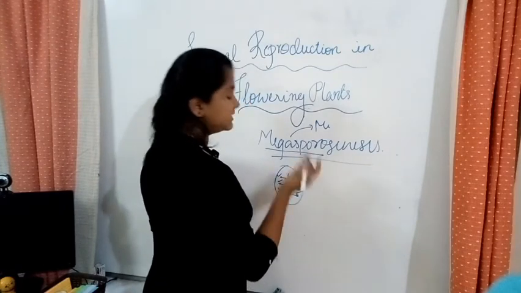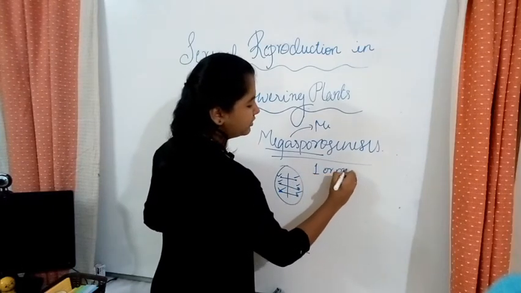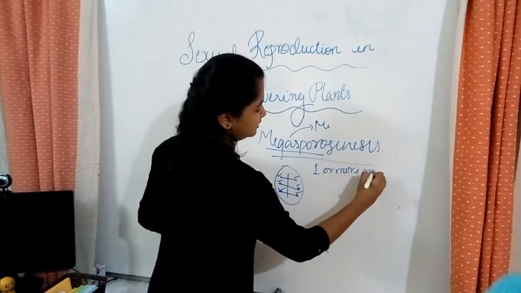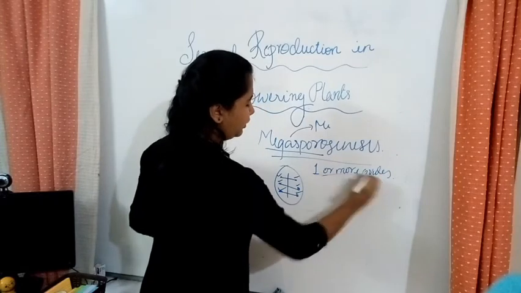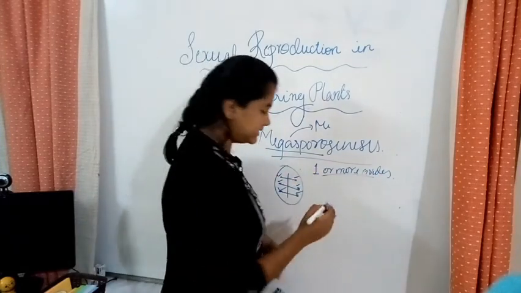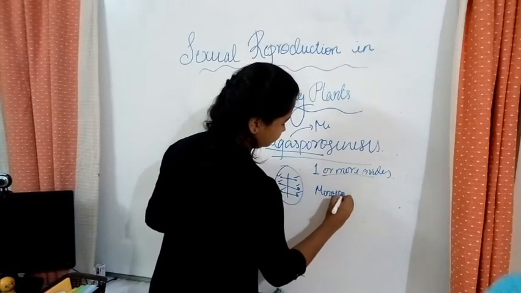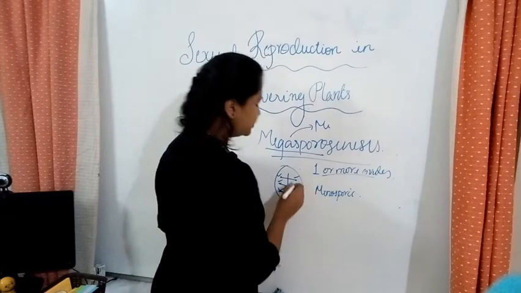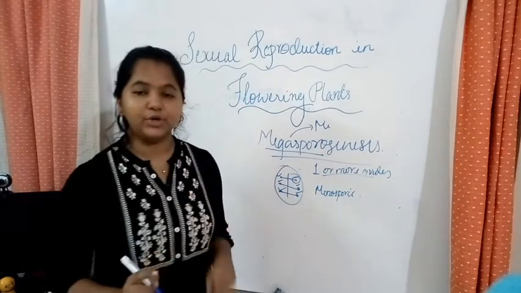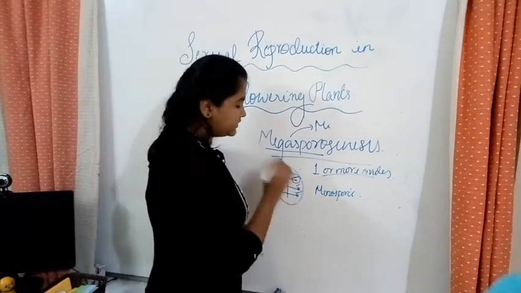So it means an ovary can have 1 or more ovules. And megasporogenesis is monosporic, because one ovule will only produce one spore.